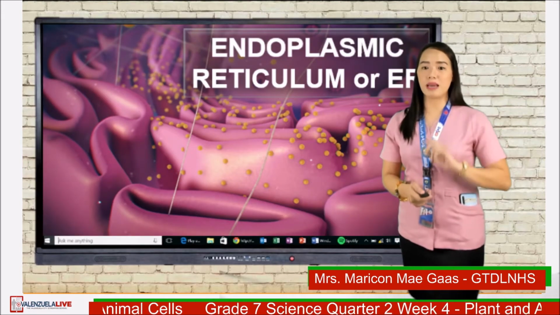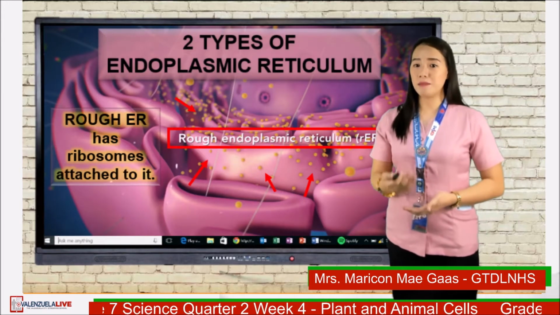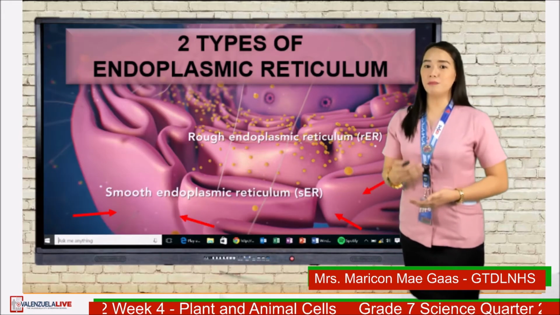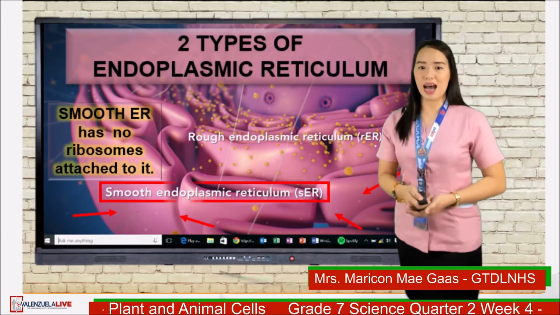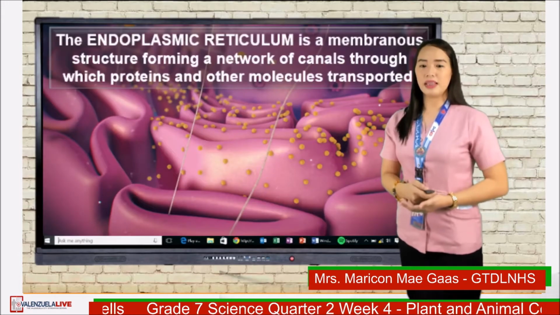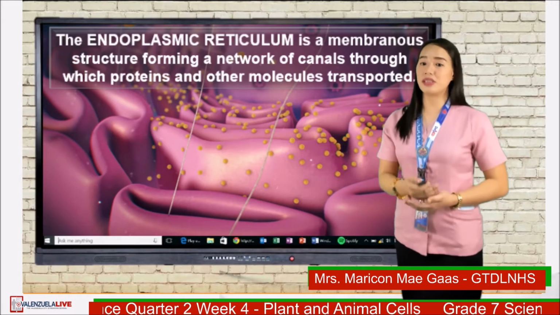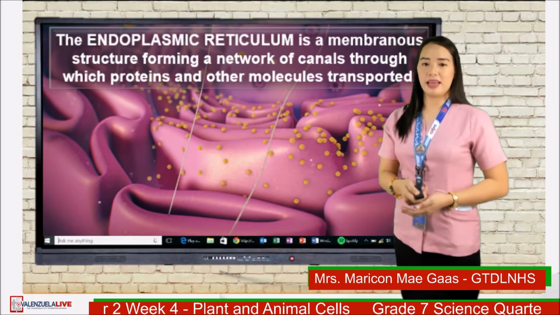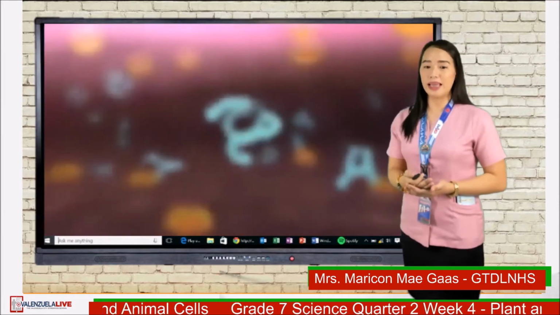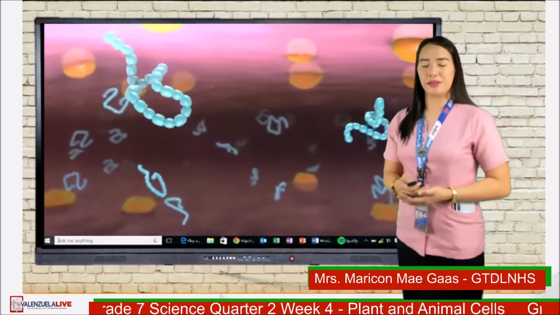There are two types of ER. Rough ER has ribosomes attached to it, and smooth ER doesn't. The endoplasmic reticulum is a membranous structure forming a network of canals through which proteins and other molecules are transported.